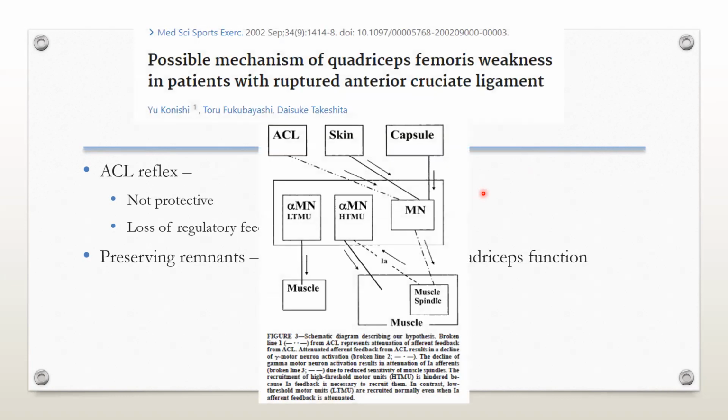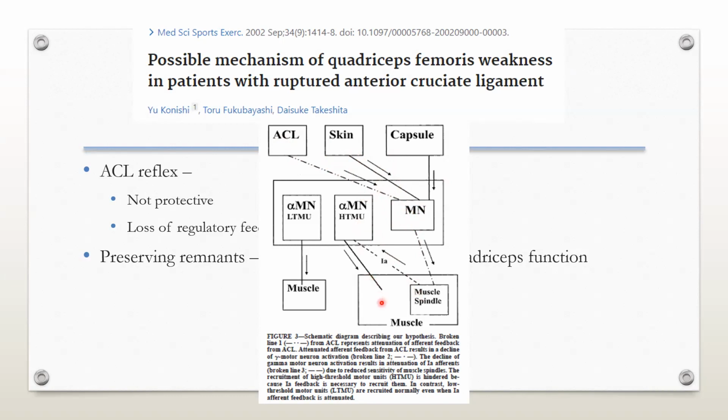This was a study published by Konishi et al. in 2002 in Medicine and Science in Sports and Exercise, where they followed up patients with an ACL intact and an ACL deficient knee, and found that patients with the ACL deficient knee had significantly less quadriceps strength compared to ACL intact knees. The theory put forward by them is that there is continuous stimulation of the motor neurons by receptors within the ACL, skin and the capsule, which is important for activation of muscle spindles and thus activation of high tension motor units.